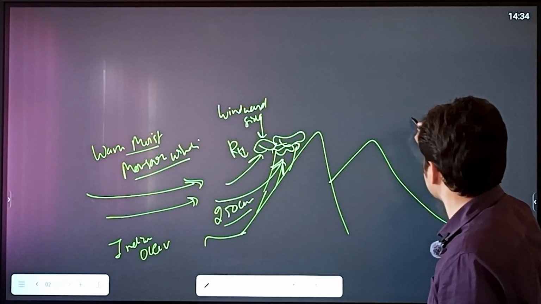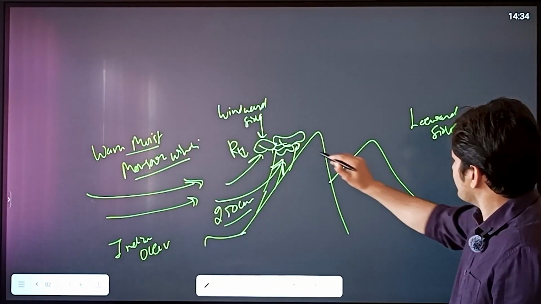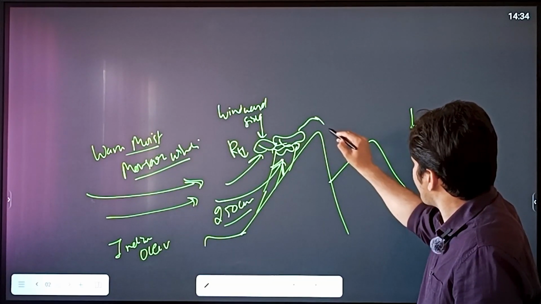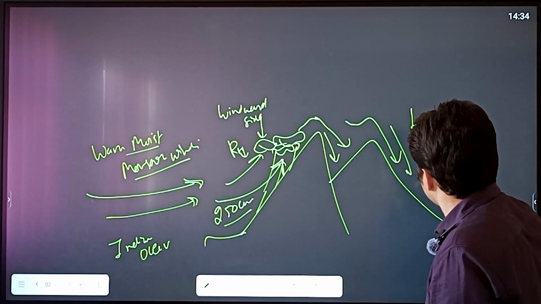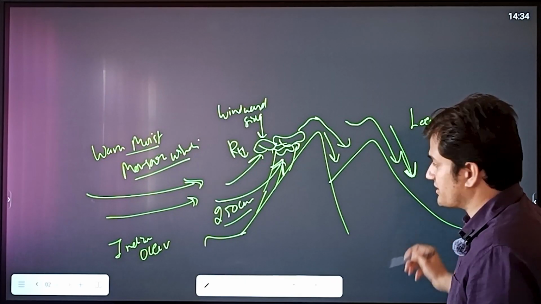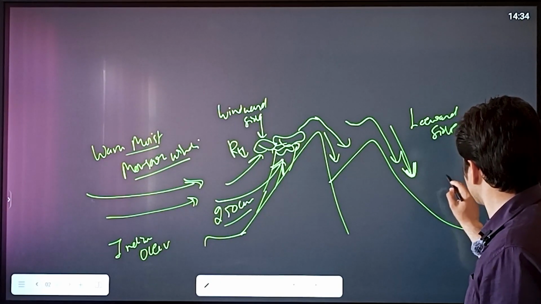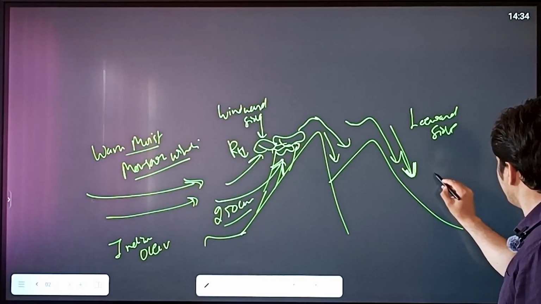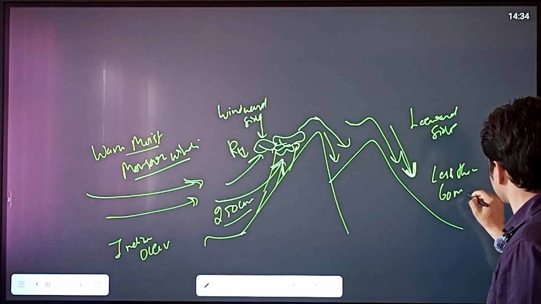But at the leeward side, these winds will start to sink down. Their temperature will increase and this will result in very low precipitation here. So the rainfall here will be less than 60 centimeters.